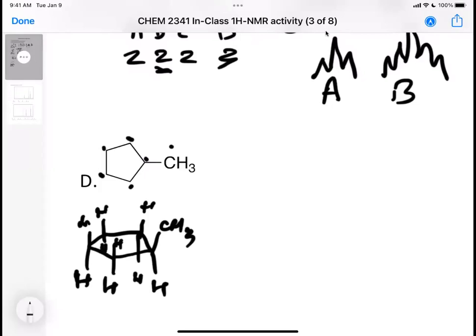Okay, so now we have 1 signal for this methyl group. We have 1 signal for this hydrogen. We'll have 1 signal for these hydrogens because they're different than these hydrogens, because these are next to the hydrogen and these are next to a methyl group.